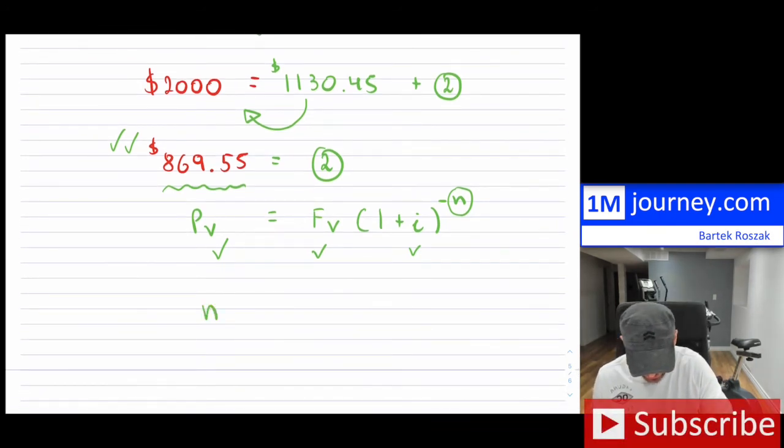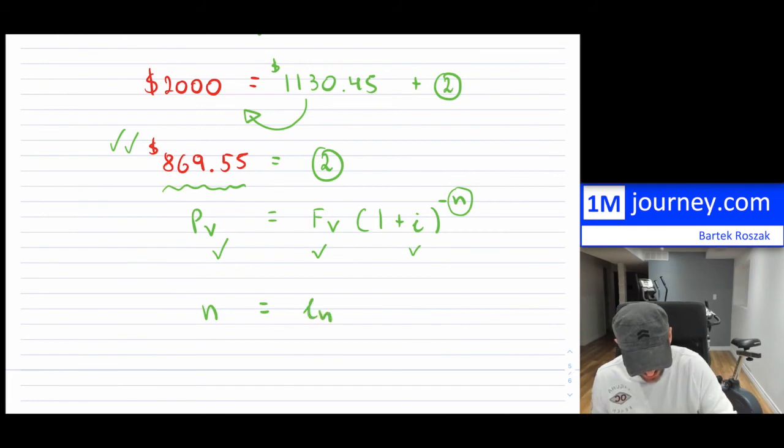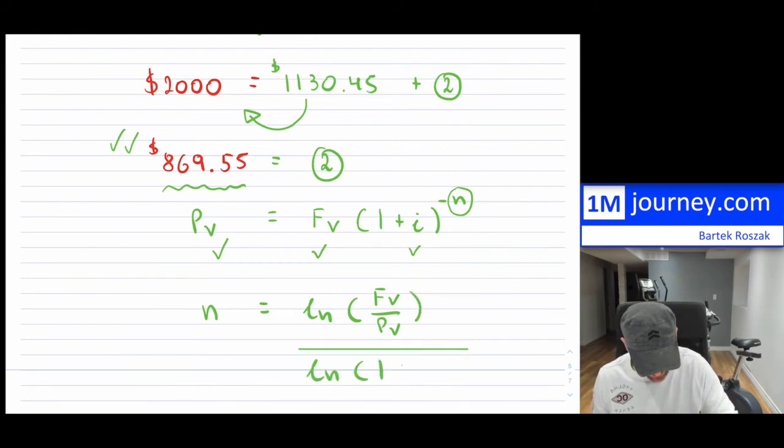So I'm going to say n equals, because the formula in this particular case is ln of the future value divided by the present value, divided by ln of 1 plus i.